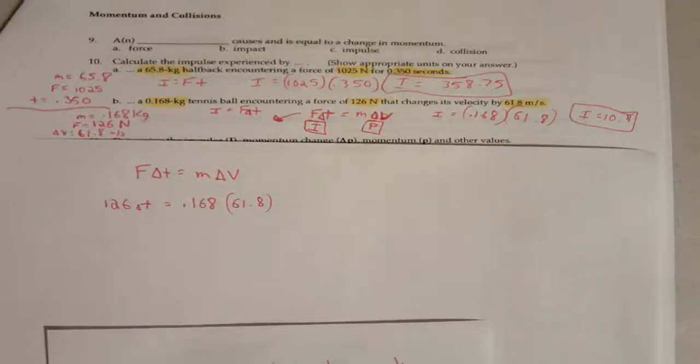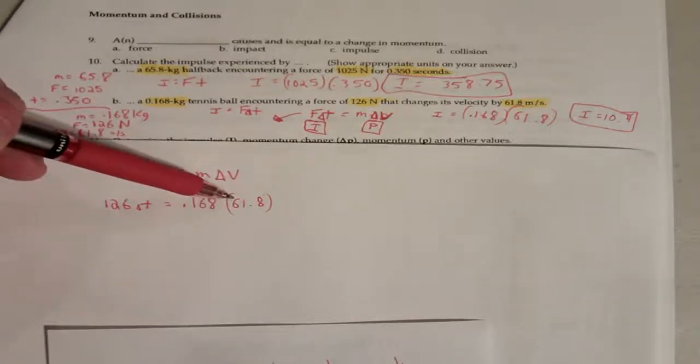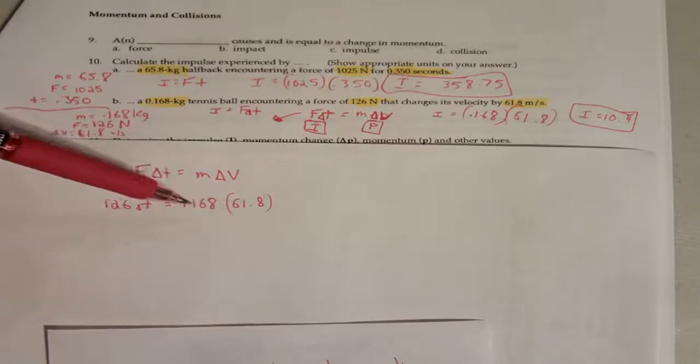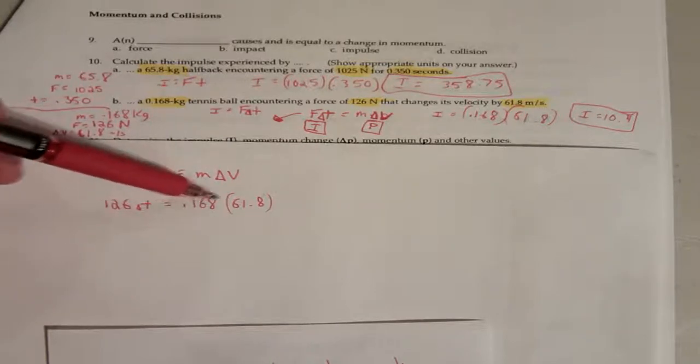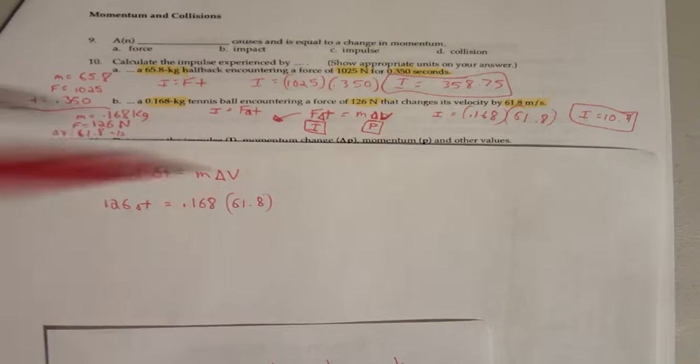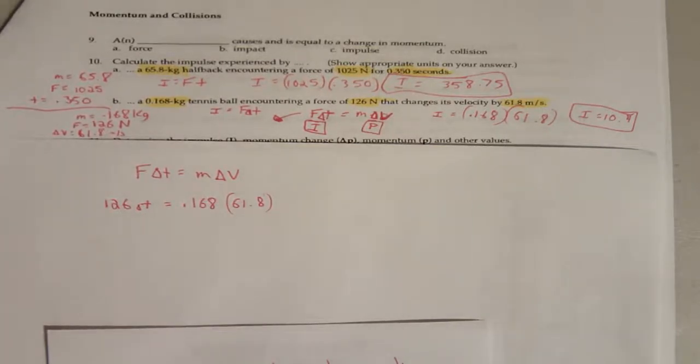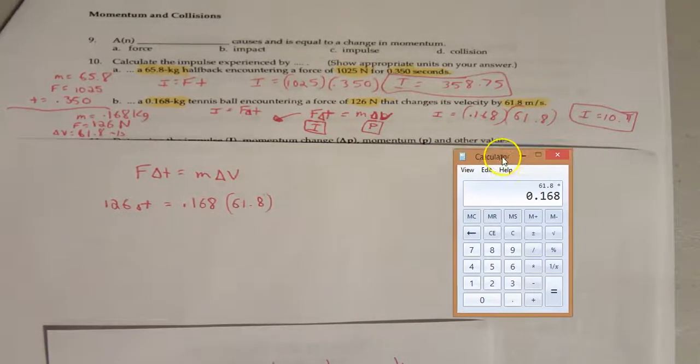Awesome. So now that you have that done, if we do our 61.8 times 0.168, I'm going to pause it and give you guys a chance. Alright, so 61.8, I got my calculator up, times 0.168 equals 10.38, which is pretty much our answer, right?